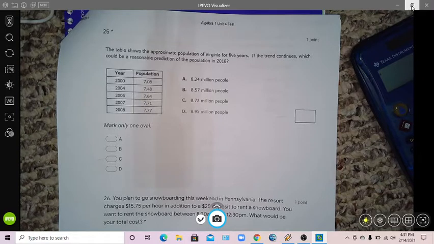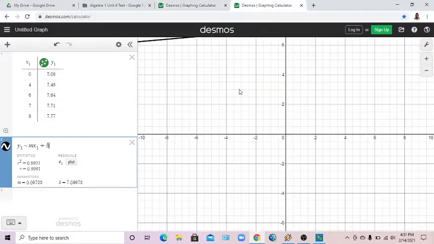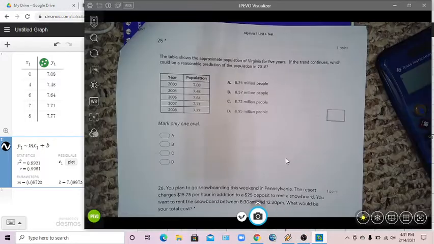Alright, so again, it gives me a table. So I'm going to go ahead and go to Desmos, and I've put this in. The thing you need to remember about this one is that if you're given a year like this, you need to make that lowest year a 0 or a 1.